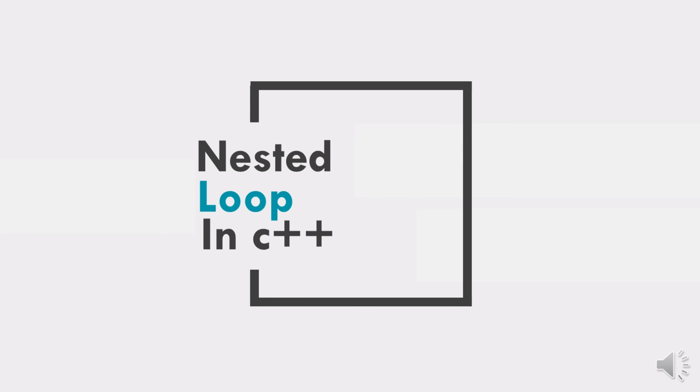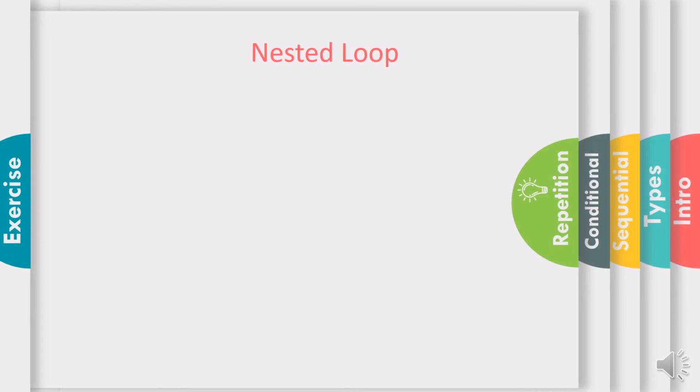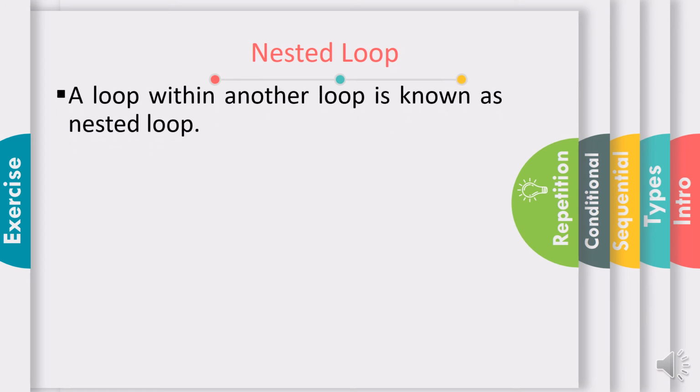Now, as we have already discussed the concept of nested if statements, there is a concept of nested loops in C++. It is same as the nested if. In nested if, we have discussed that an if statement within an if statement is known as the nested if. So, what is the nested loop? A loop within another loop is known as a nested loop.